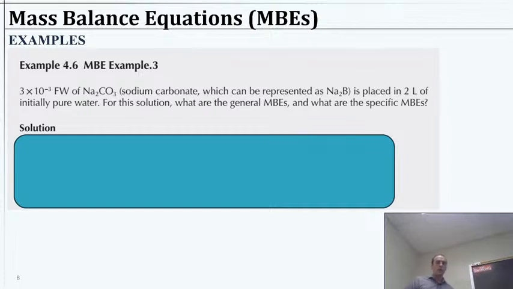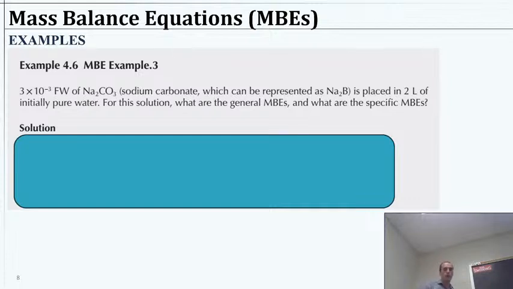Okay, let's do another. Here we have 3 times 10 to the minus third formula weight of sodium carbonate, I guess generically, which can be represented as Na2B. We're going to place that in 2 liters. So again, if it was in 1 liter, that would be 3 times 10 to the minus third moles per liter of initially pure water.